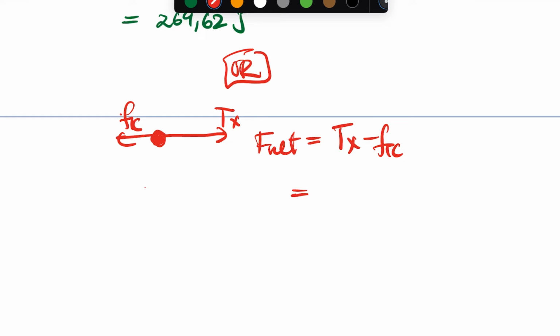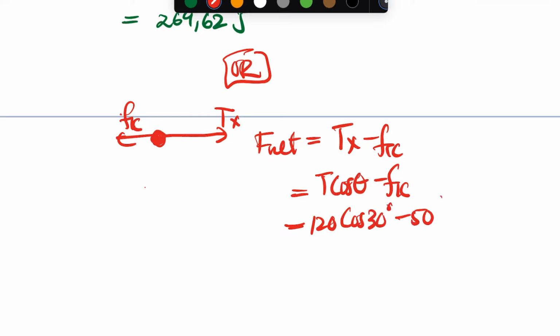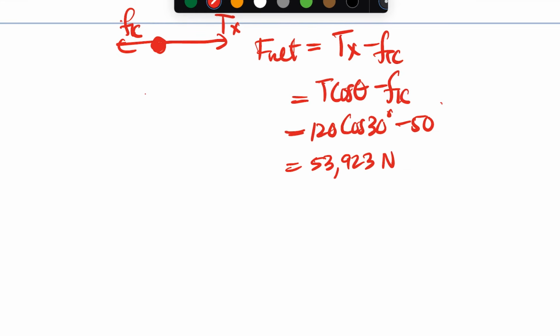So F net is T cos theta minus Fk, which is 120 cos 30 minus 50, since the frictional force is 50. When you punch that in the calculator, you get 53.923 newtons. That's the net force of the forces that are doing work.